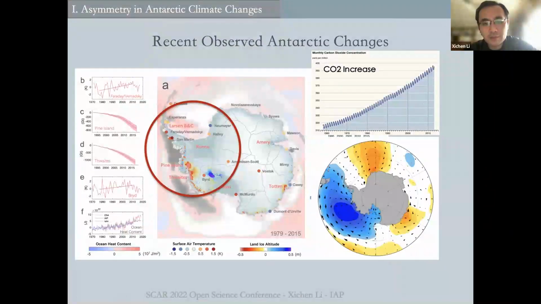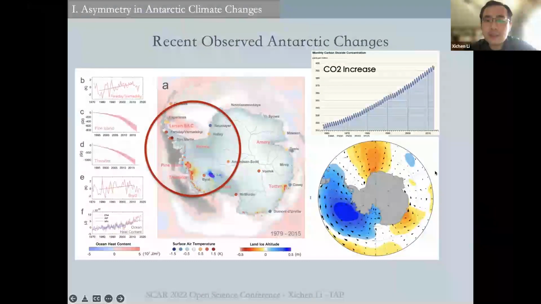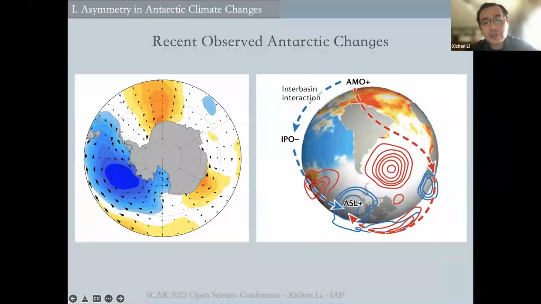Many recent studies indicate that atmospheric circulation changes, especially the deepening of the Amundsen Sea Low, may help to explain this zonally asymmetric climate change, the sudden climate changes around West Antarctica. And the circulation changes can be further attributed to the tropical polar teleconnections. That is the main reason why we are so interested in tropical polar teleconnection.